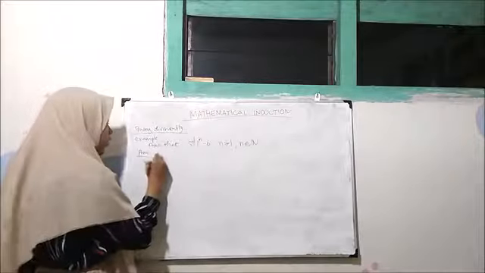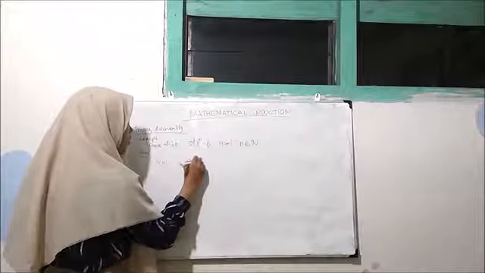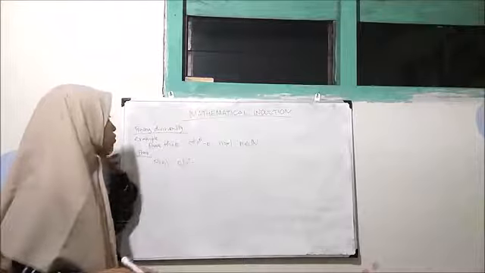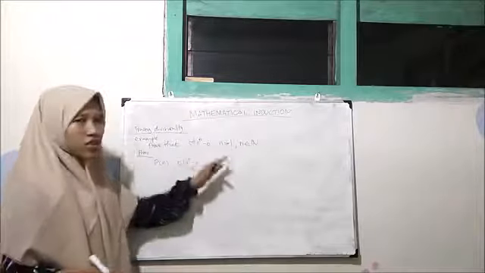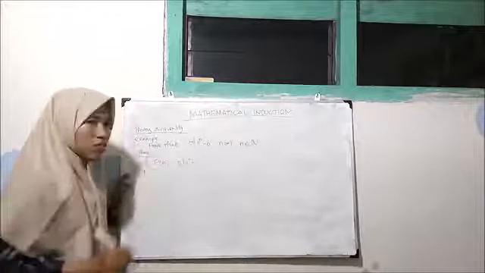Suppose Pn is 5 divides 11 to the power of n minus 6. As I explained before, in proving this we use mathematical induction and we do the first one, that is the base case.